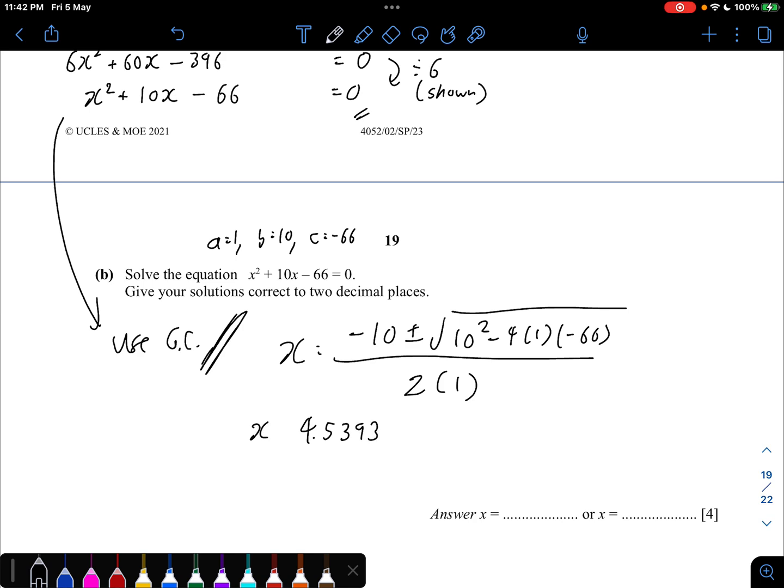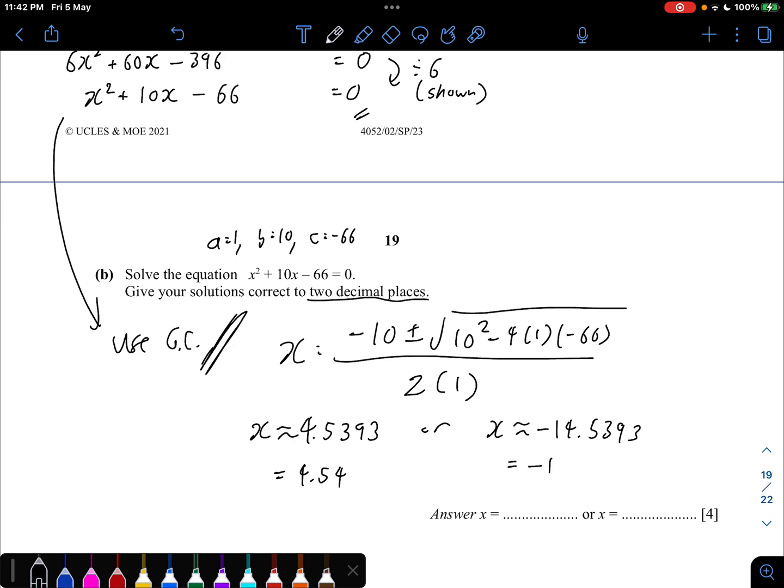4.5393 or negative 14.5393. Okay, then you want 2 decimal places. So sometimes the question will specify the degree of accuracy. If they don't, then you have to follow 3SF. Yeah, so let's just do that. So 4.54.